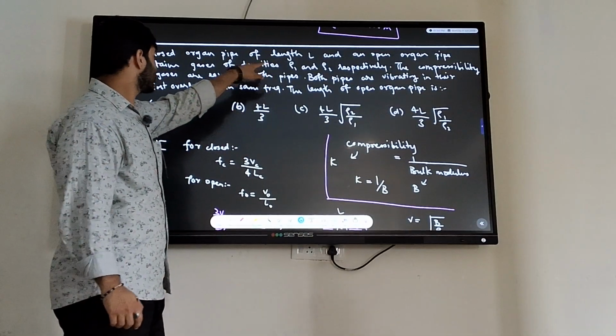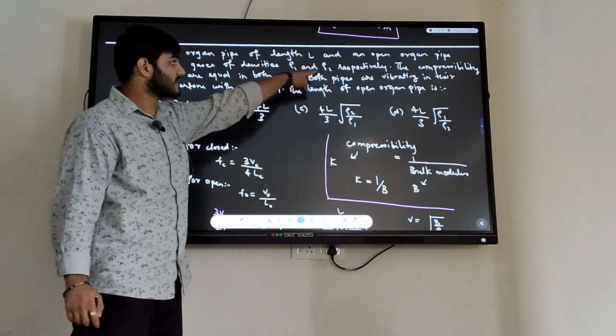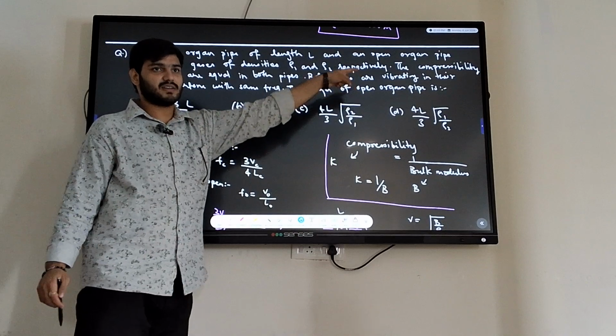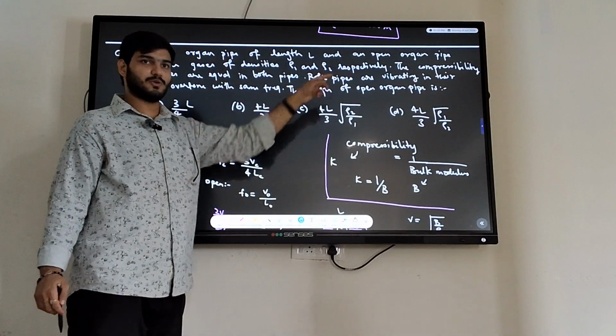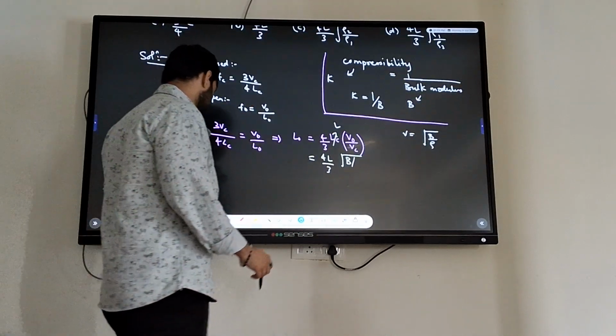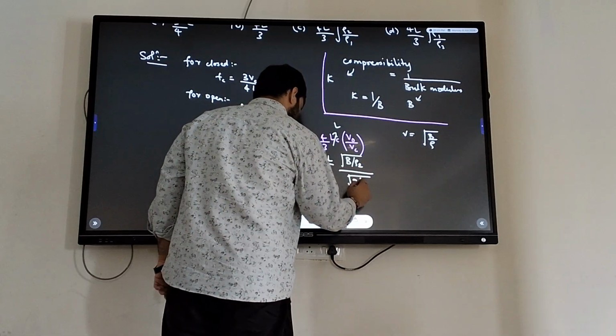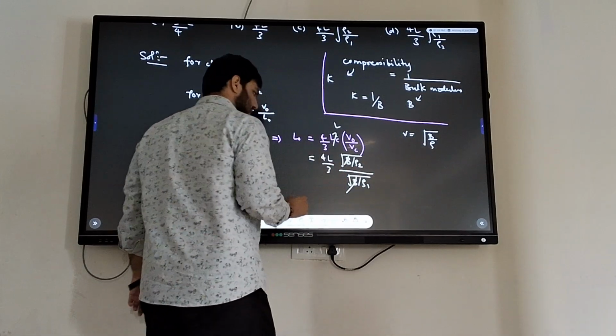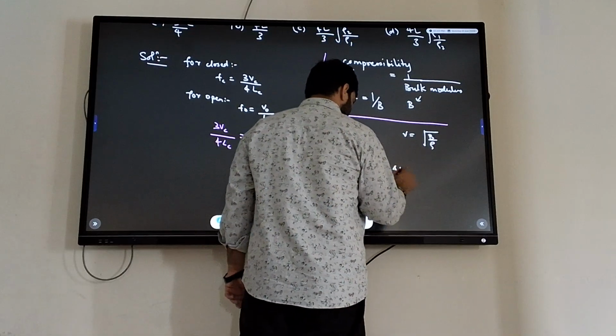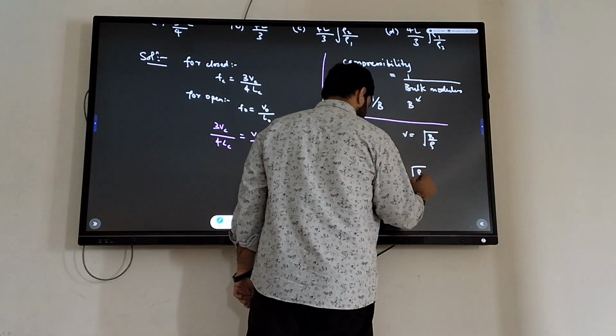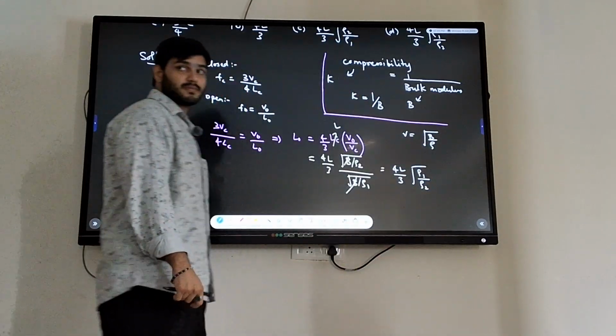That's rho 1, I think. No, rho 2. Respectively is written. First closed then open, so it will be rho 2. Then after that, B by rho 1. This cancels and then what do you get? 4L by 3 rho 1 by rho 2.